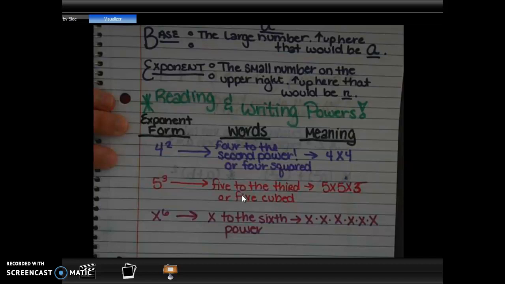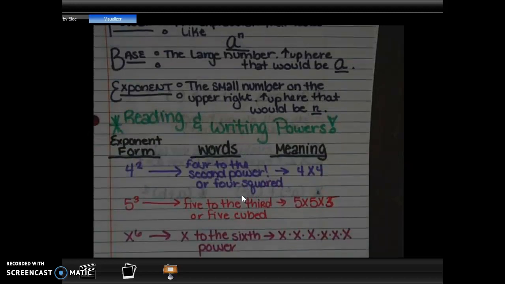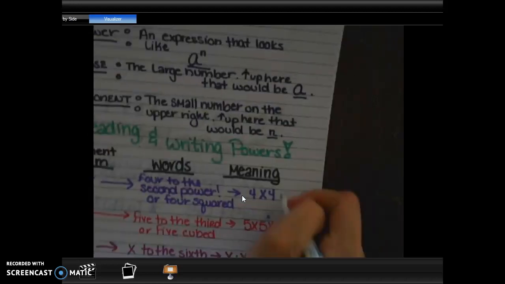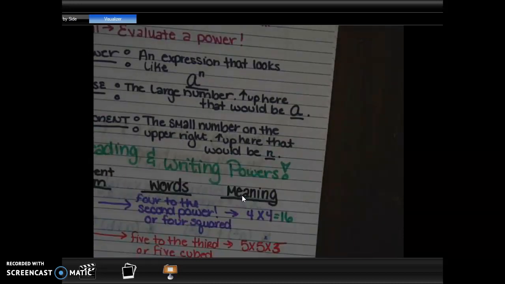Now, what does a power actually mean? That means how many times you multiply that base by itself. So this is saying we're going to take 4 and multiply it by itself 2 times. So 4 times 4. So that would mean that the answer to 4 squared would be, okay, well 4 times 4 is 16.